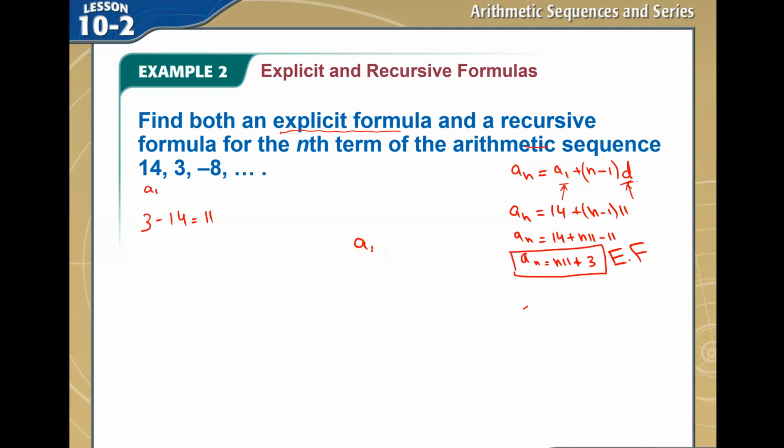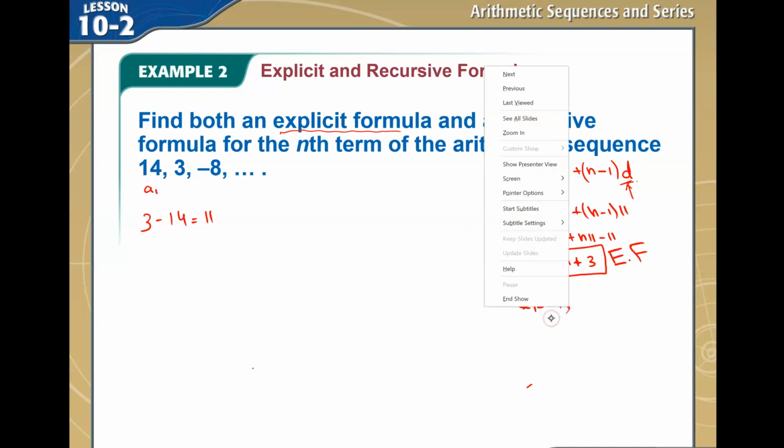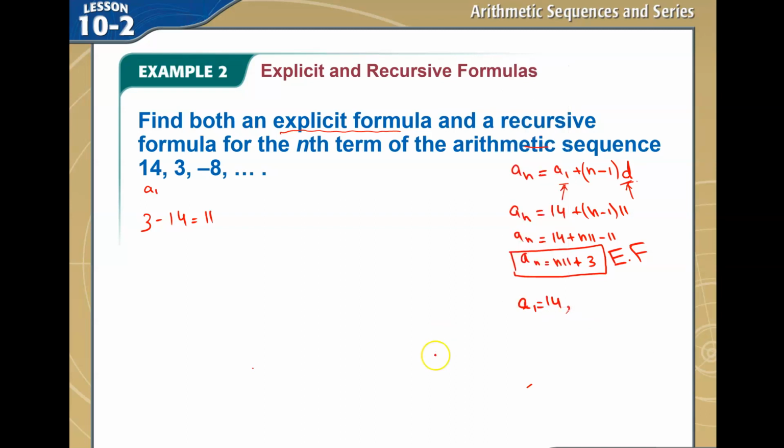So how do you write it? I'm going to write it down here. First a1 separately, which equals 14, comma.